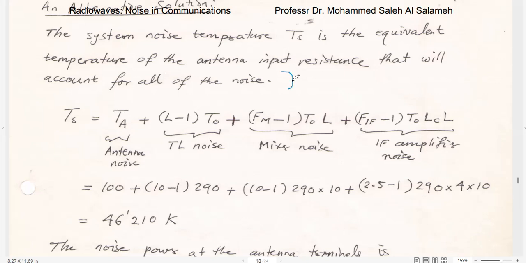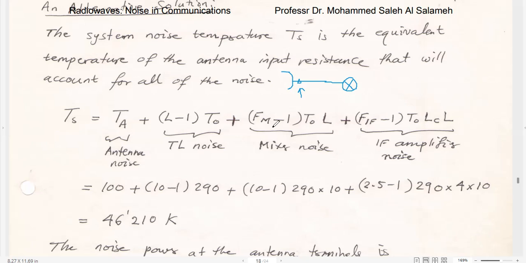Our reference is here. The antenna is here, plus the transmission line here. At the input of the transmission line, we said that the noise temperature is L minus 1 times T naught, where L is the loss of the transmission line, plus the mixer noise, which is treated as an amplifier here.